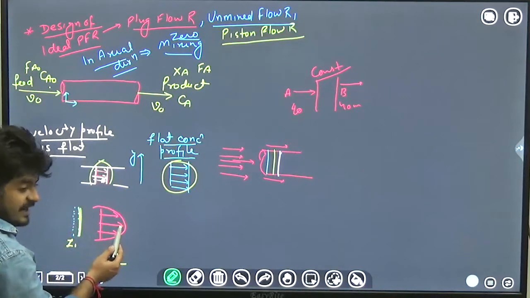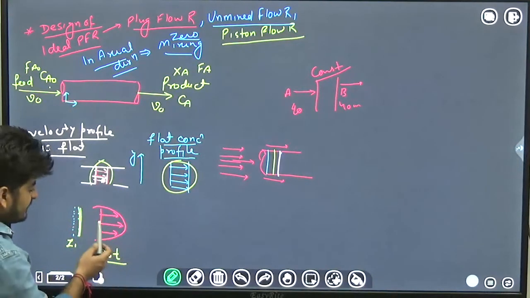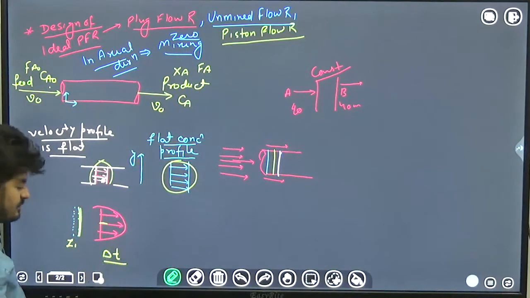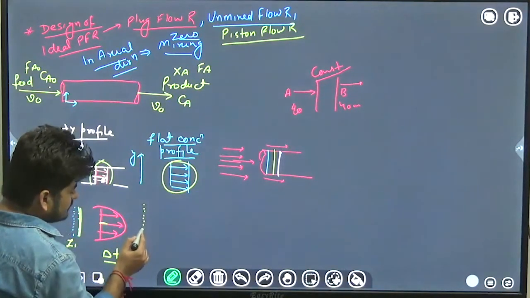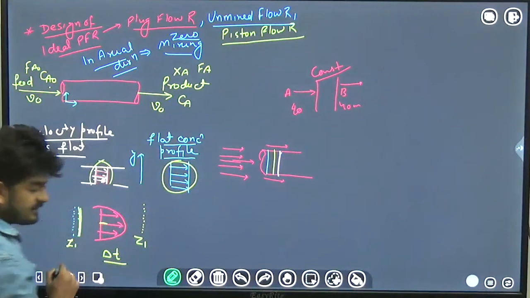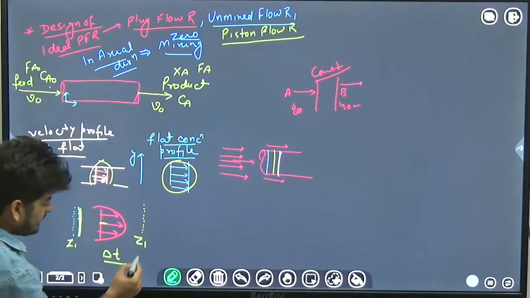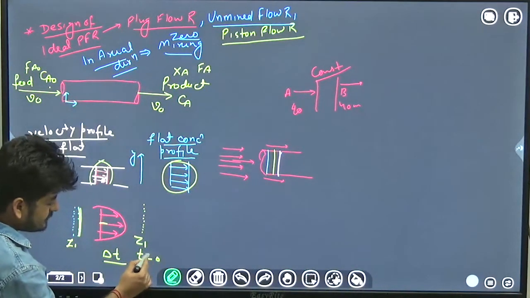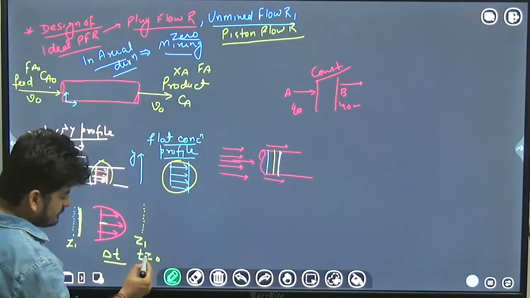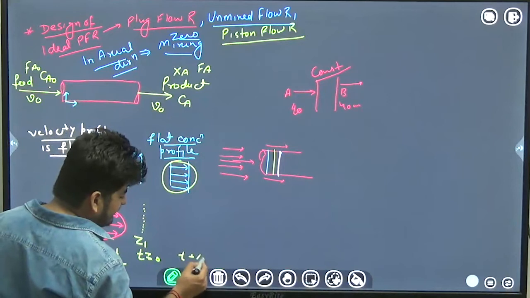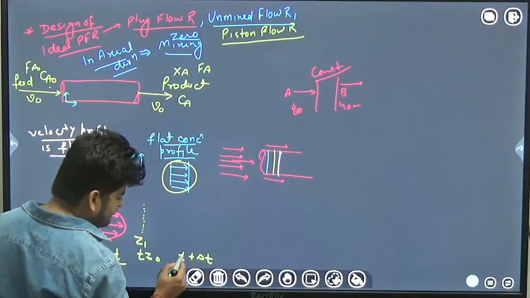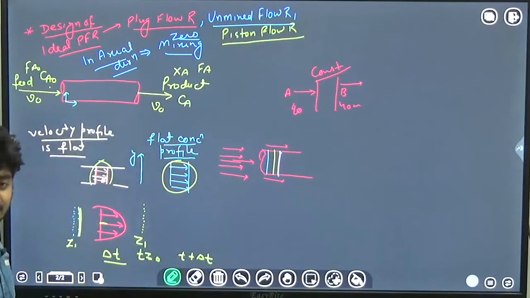The velocity of the central line molecules is maximum. So the molecule which is at the center, this was the initial position, z1, okay, at time t equal to 0, suppose. Now after time t plus delta t, or you can say 0 plus delta t, what will be the position?